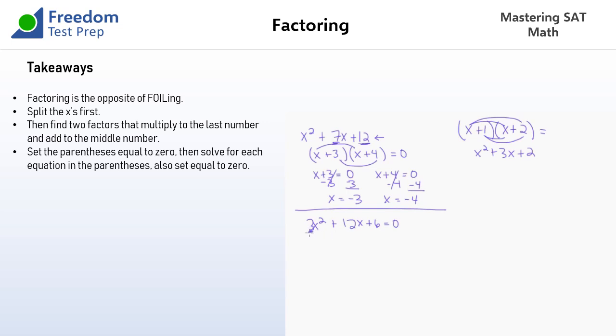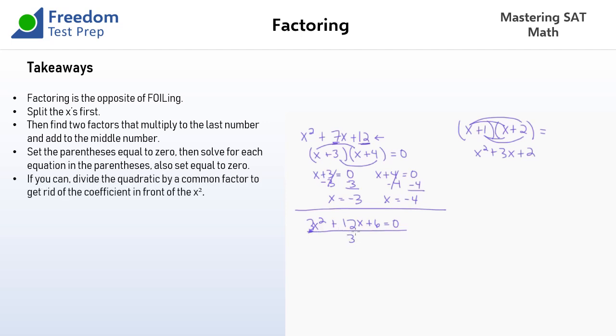So if you can, you want to divide every single thing out by some common number. In this case, everything is divisible by 3. So you have to divide every single number by the 3. And we're going to bring it over here. So the 3's are going to cancel out. We're going to get x squared, we're going to get a 4x and a positive 2. And that still equals 0.